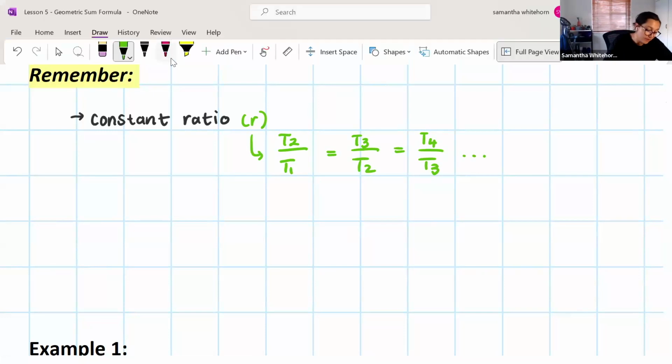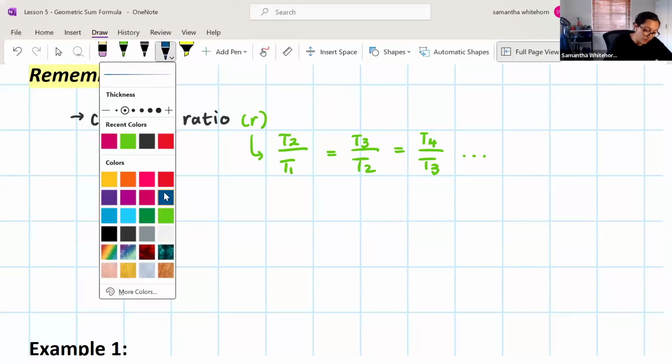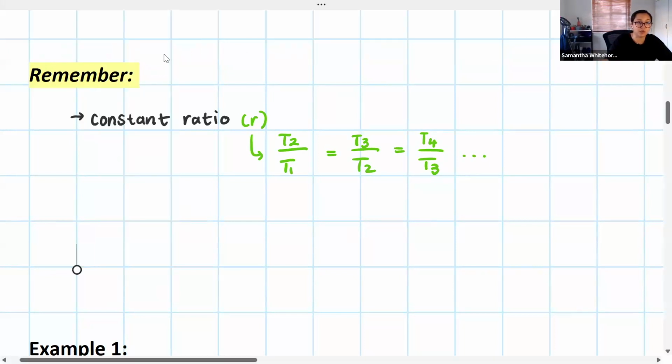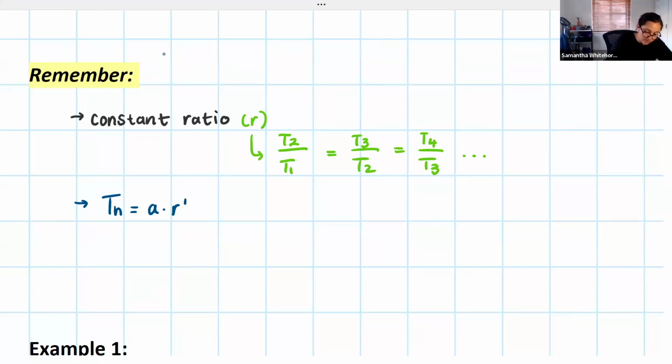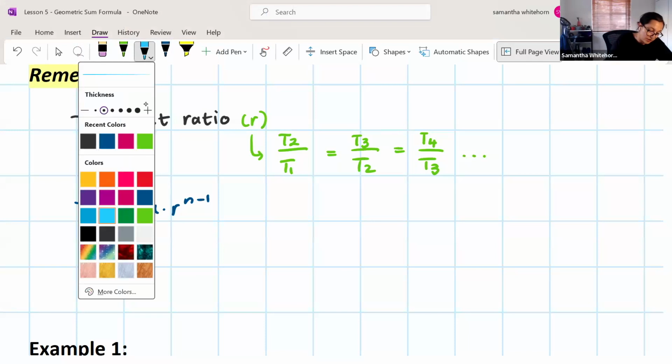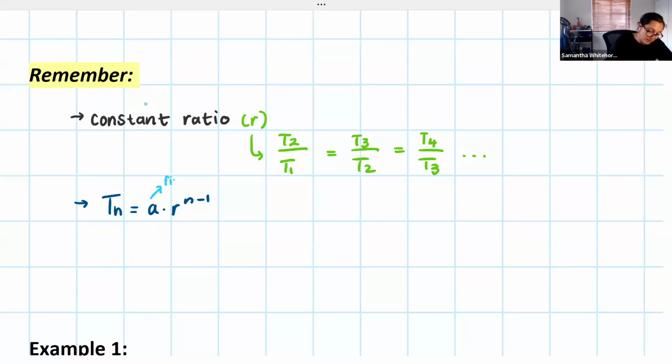The second thing that we always need to bear in mind is the formulas that we do know that relate to our specific sequence or series. So thus far, we know Tn is equal to A times R to the power n minus 1. And we know that A is your first term, and R is that ratio that we've just spoken about.